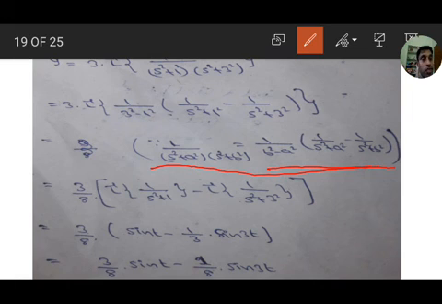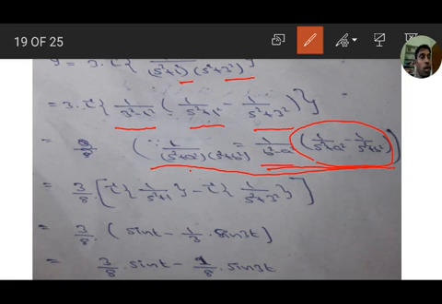Here b square equal to 3 square, a square equal to 1 square. Substituting, we get 1 by 3 square minus 1 square, into 1 by s square plus 1 square minus 1 by s square plus 3 square. This term is as it is, only b square minus a square is outside. 3 square minus 1 square means 9 minus 1, so 8 outside, that is 3 by 8.